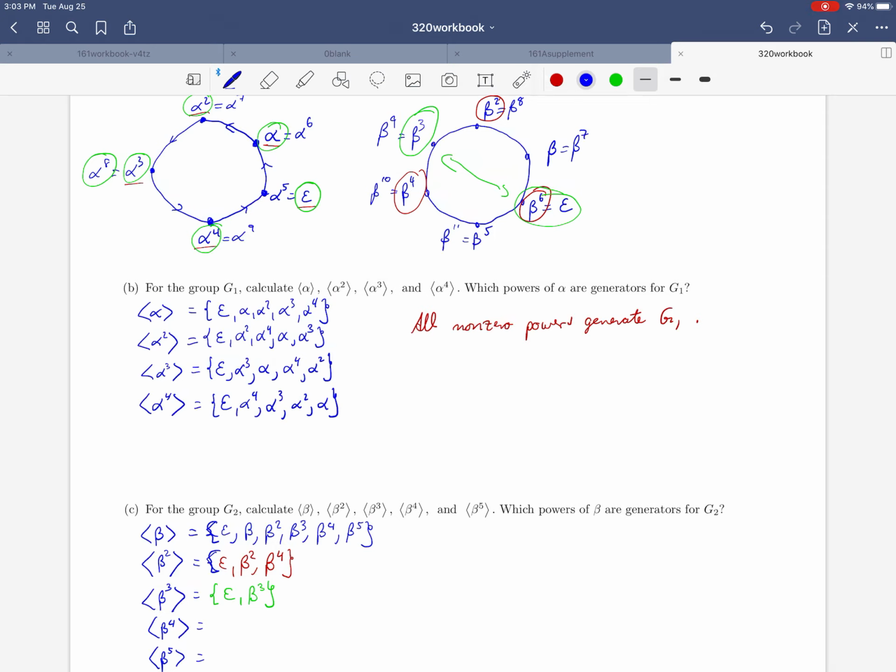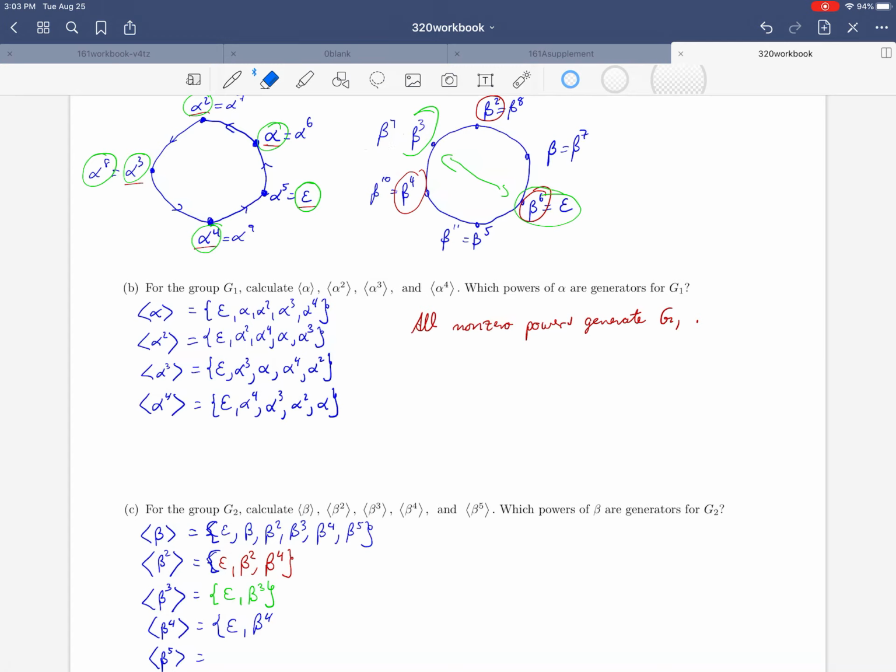What about with beta to the fourth? You can convince yourself that you start with the identity and then we have beta to the fourth. And then are we picking up something new? So we're starting with beta to the fourth, and then beta to the fourth squared is beta to the 8th, which is the same as beta squared. Oh, I circled the wrong one. Let me fix that.